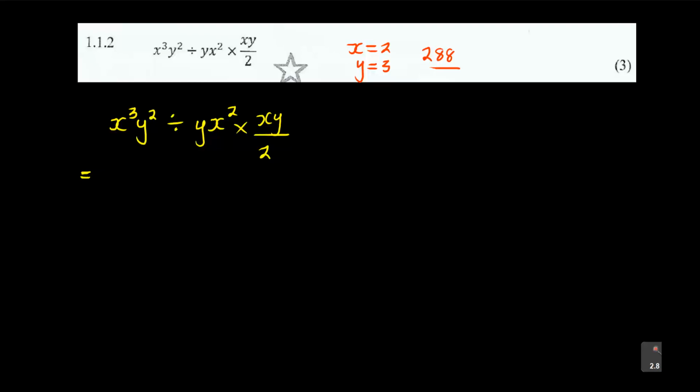If I put the signs across, I have x cubed, and then I have times, see, it changes everything like that, y squared, and then I have divided by y, and then I have times x squared, and then I have times xy over 2. I hope you see now.